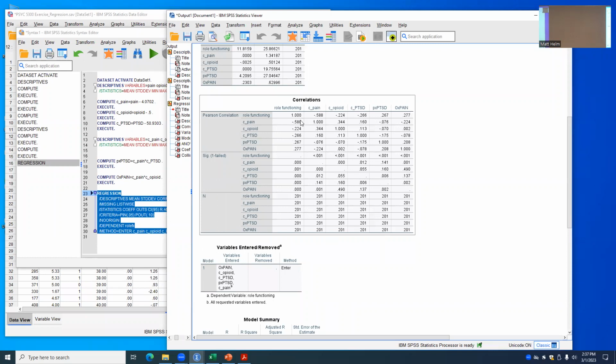If I take a look at correlations, we're seeing that my correlations between my interaction terms and my first order effects aren't all that bad, right? This is something that'll happen when you center your variables. You could do this in an uncentered solution, where you just have your raw variables and create interaction terms that are not based on centering, just pain times opiate use, this and that.